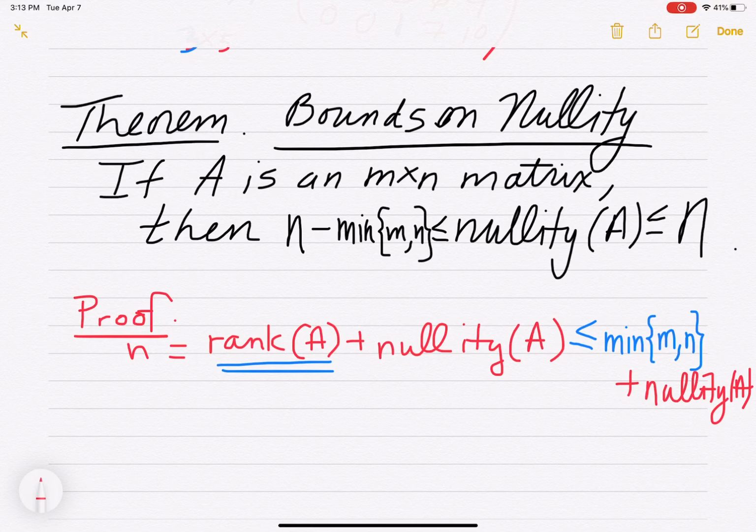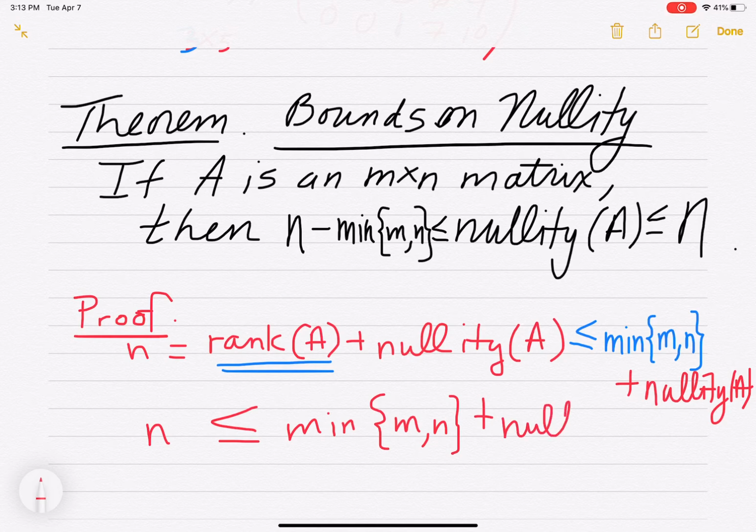So what do I have? I have n is less than or equal to the minimum of m and n plus the nullity of A. So now I can subtract the minimum of m and n from both sides.